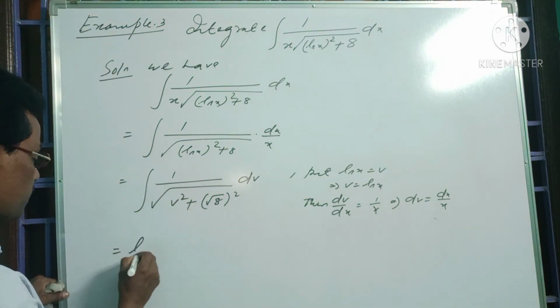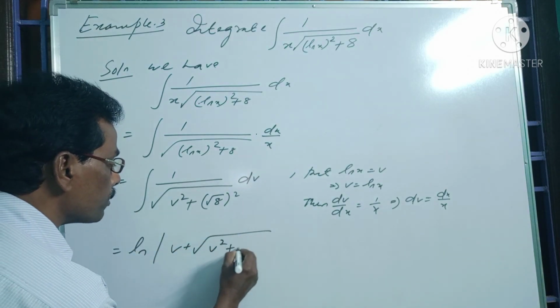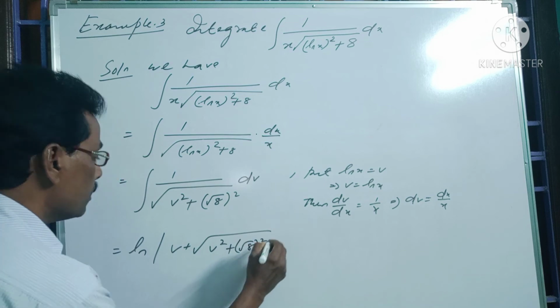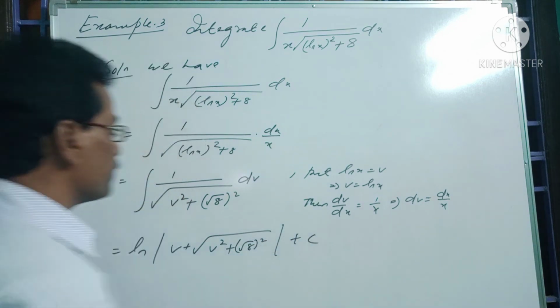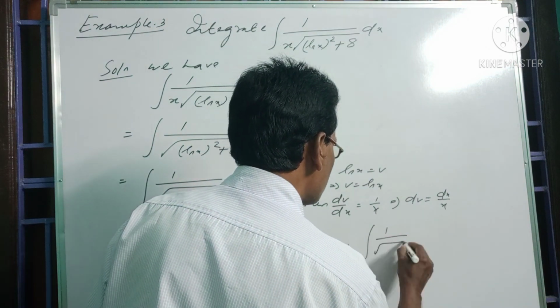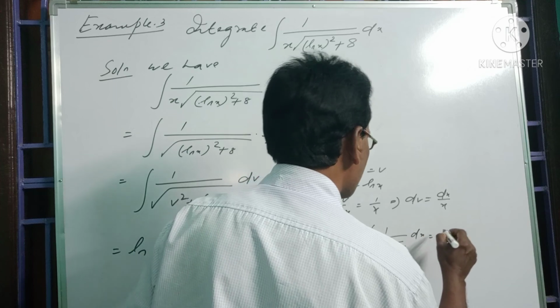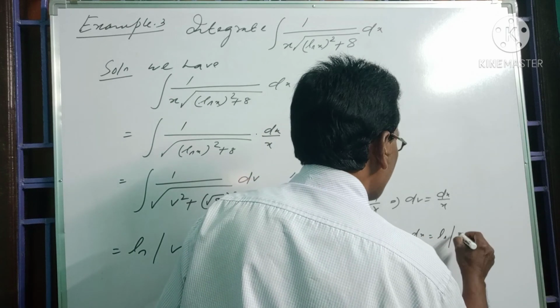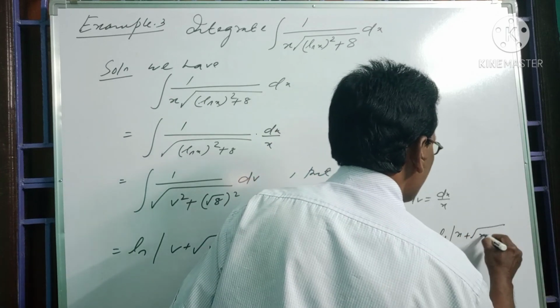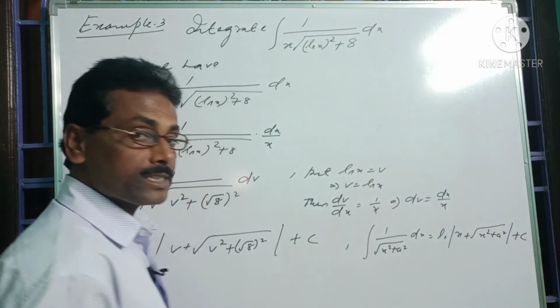The integration is ln of mod of v plus root of v square plus square of root 8, mod, plus c. We know the integration of 1 by root of x square plus a square with respect to x is equal to ln of mod of x plus root of x square plus a square, mod, plus c, the constant of integration.